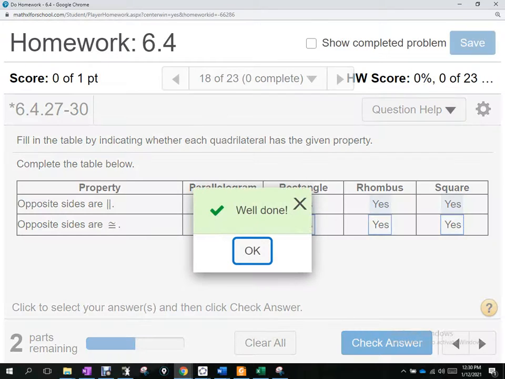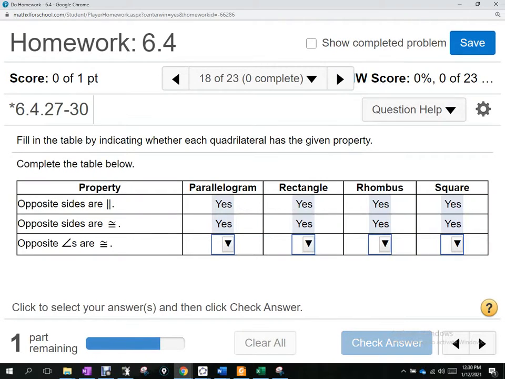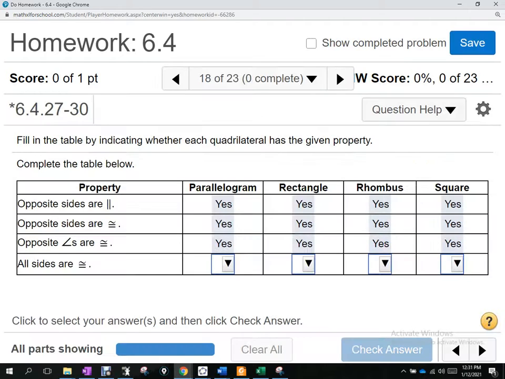Yep. Okay. Opposite angles are congruent. Is that true for a parallelogram? Yep. So it's true for a rectangle, right? True for a rhombus. True for a square.